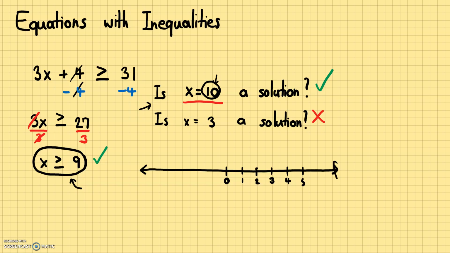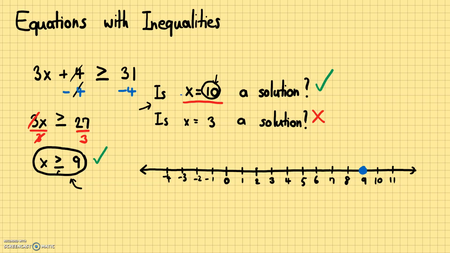Ooh, our number line needs to be longer. 5, 6, 7, 8, 9, 10, 11, etc. Let's not concern ourselves too much about the negative numbers yet, but we put a circle on the 9, and it's going to be a filled in circle, right?